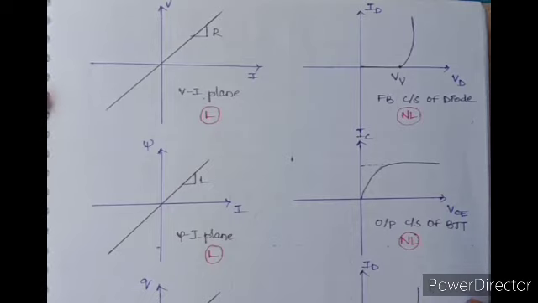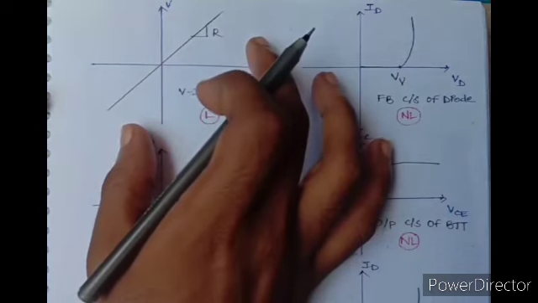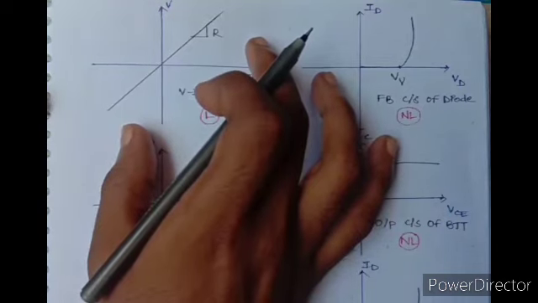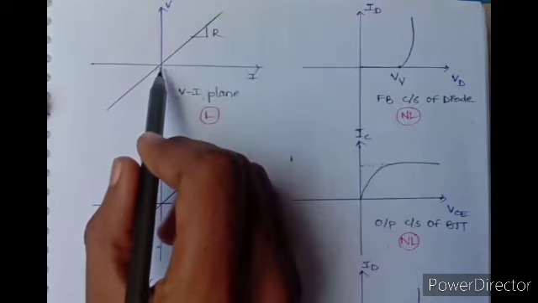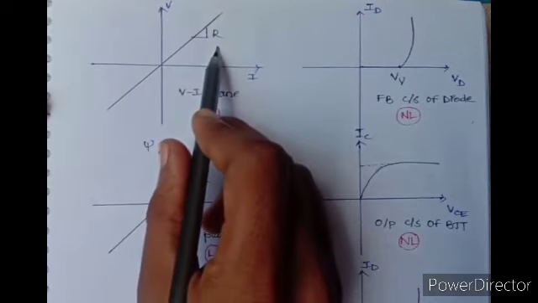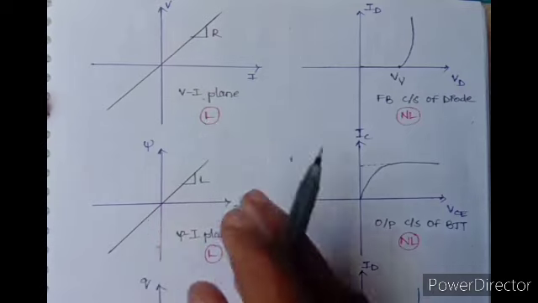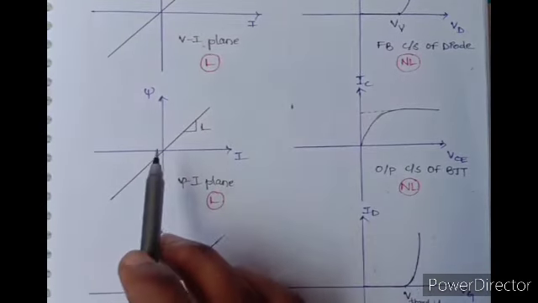Now look at some more examples of linear and non-linear elements. Look at this. This is a characteristics curve of a resistor in VI plane, which is a straight line and passing through origin. That means resistor is a linear element. Now look at here.